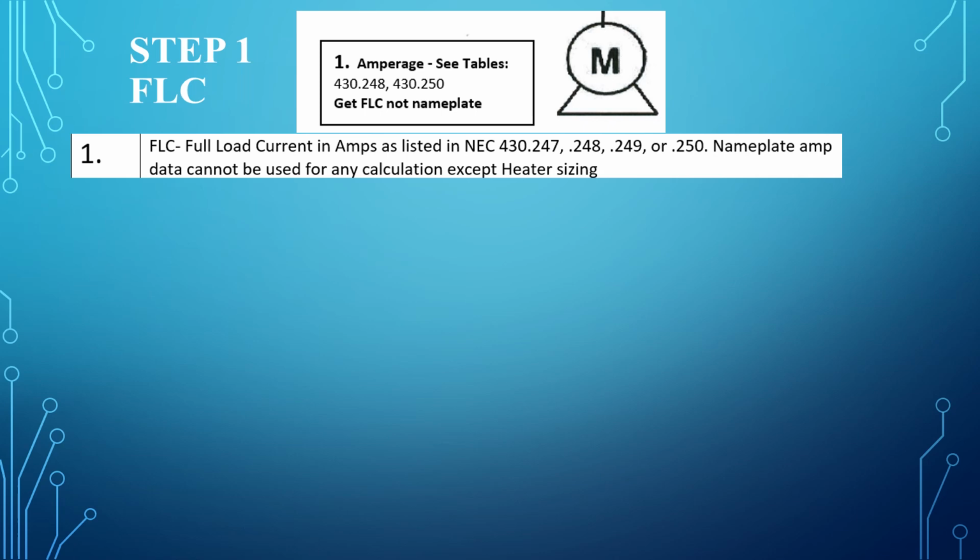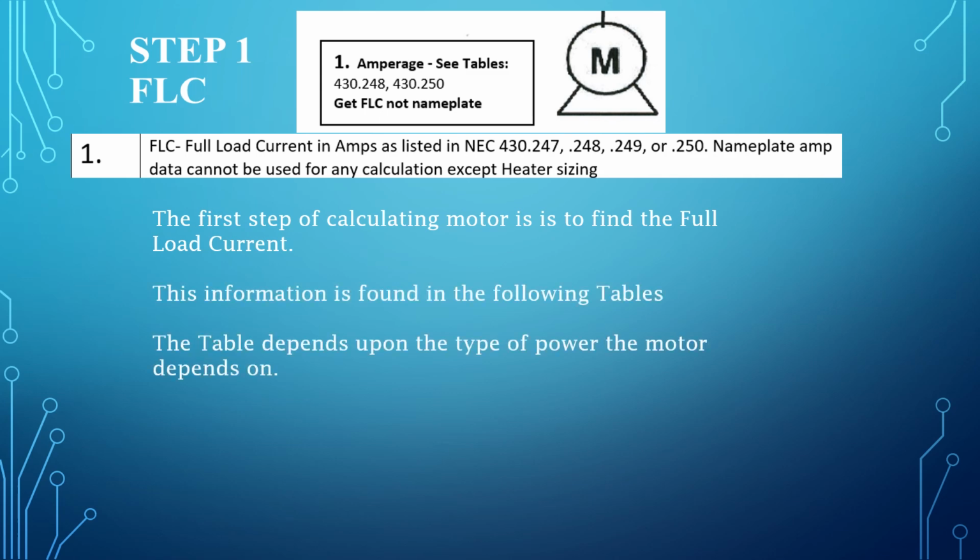Each of these motors should be stamped with a nameplate that has the amperage it draws on it, but we're not allowed to use that for most of our calculations. Most of our calculations need the full load current, the FLC, which comes from the code book. So the first step is finding the full load current.